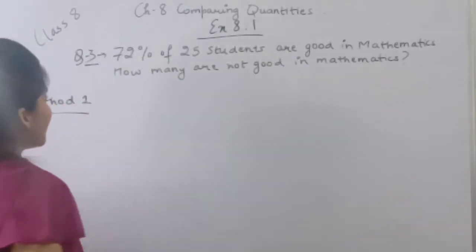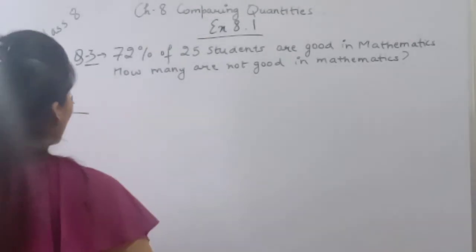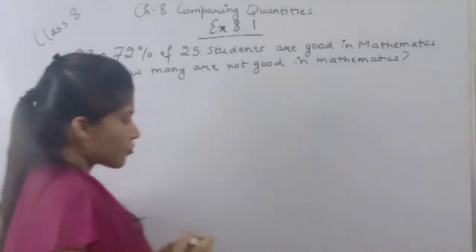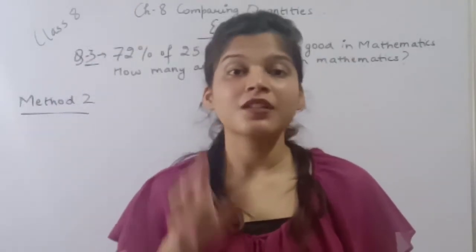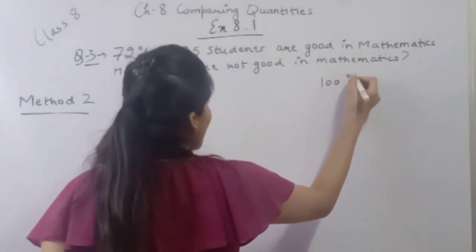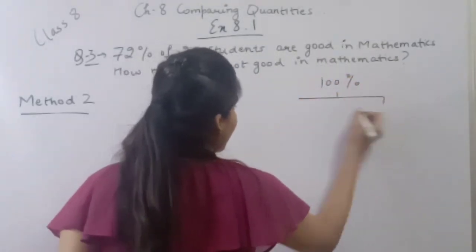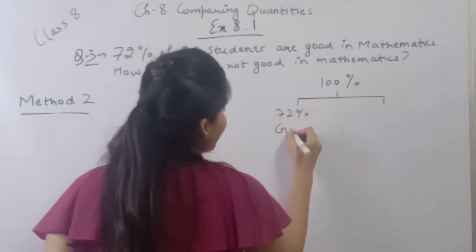We are given 72% of 25 students are good in mathematics. Okay, so it means how many percent students are not good in mathematics? For that we know that total होता है हमारे पास 100% always. Okay, from 100%, 72% are good in mathematics.